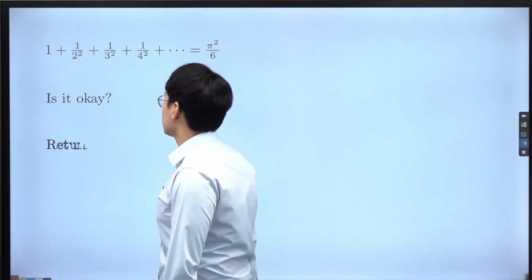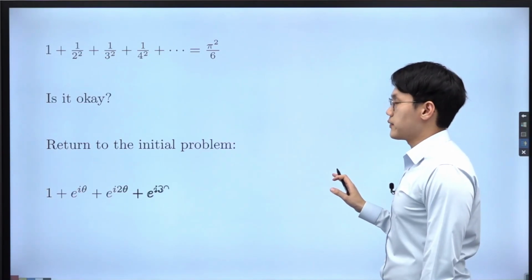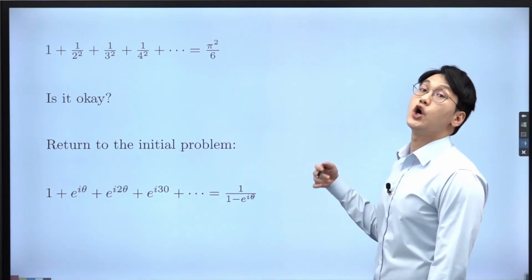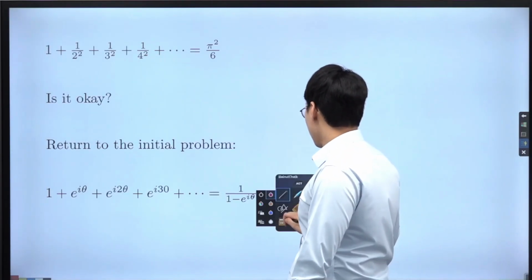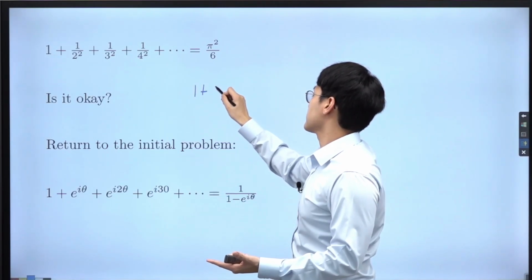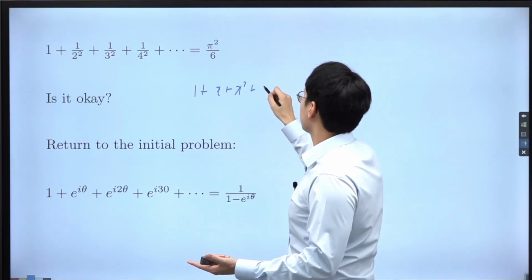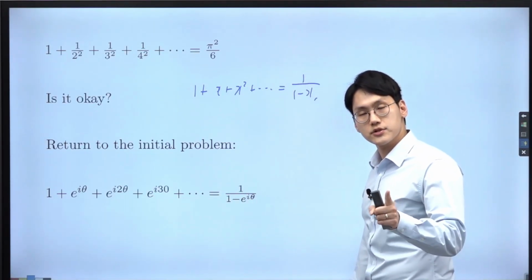Because if you actually return to the initial series, it was given as the following, you see? And then I claimed that this is convergent and hence used the geometric series. However, think about it. As we have defined our binomial expansion, which was 1 plus x plus x squared plus whatever, it was 1 over 1 minus x. And please remember, you had the condition of convergence.